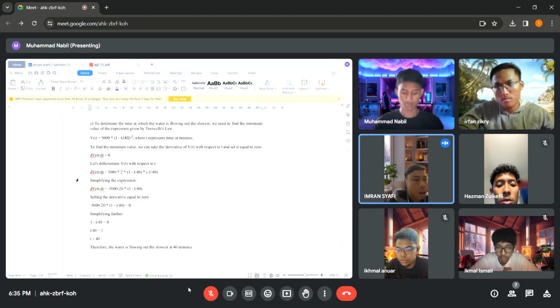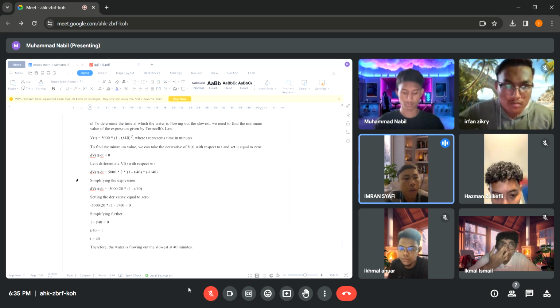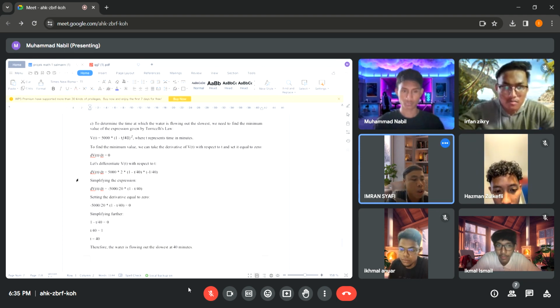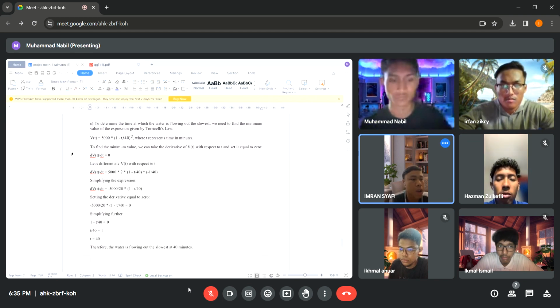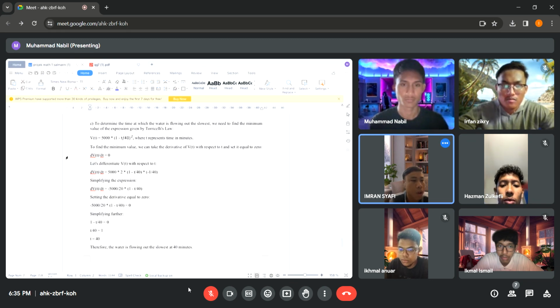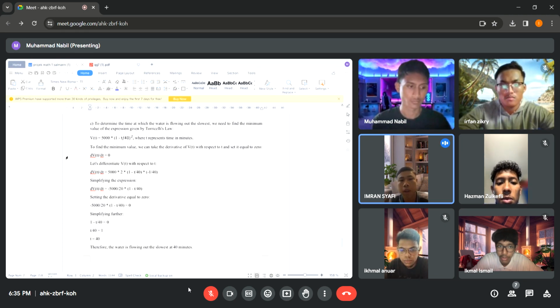Setting the derivative equal to 0, negative 5,000 over 20 times (1 minus t over 40) equals 0. Simplifying further, 1 minus t over 40 equals 0, then t over 40 equals 1, and the answer is t equals 40. Therefore, the water is flowing out the slowest at 40 minutes. That's all for me.